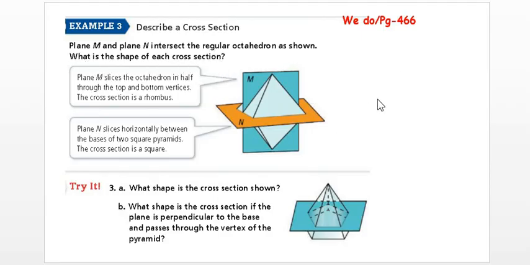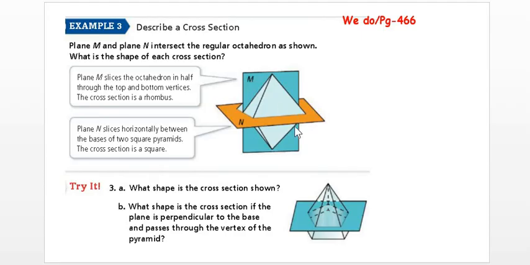A cross section, as I told you, is when you cut something into slices; sometimes the slices are of the same shape, sometimes of different shapes. The blue one, plane M, slices the octahedron in half through the top and bottom vertices. The cross section is a rhombus.